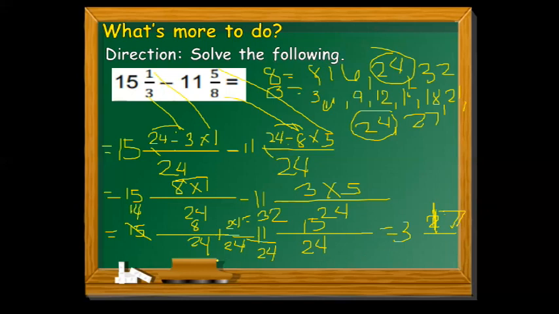And then 24 minus 24, we will just copy the denominator. Again, kapag parehas yung denominator, we will just copy it. Kapag parehas naman yung numerator natin, we will just subtract the numerator. 32 minus 15, we have 17, and then 24, we will just copy. So the answer is 3 and 17 over 24.